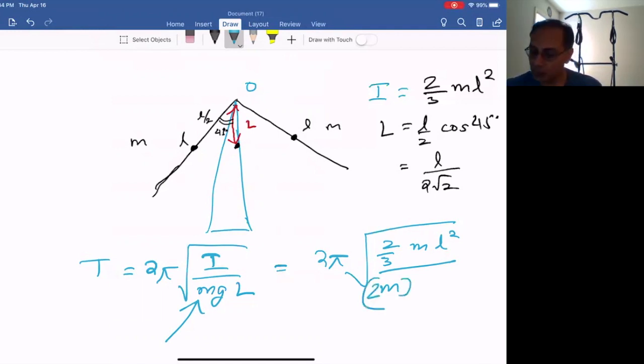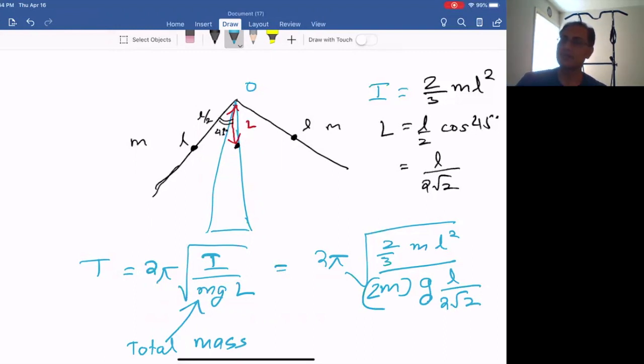Then g, and then the capital L we just found, little l divided by 2√2. And then you just need to simplify this expression, and you'll get the answer.